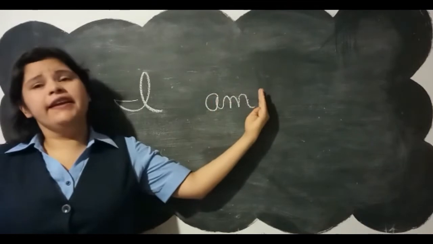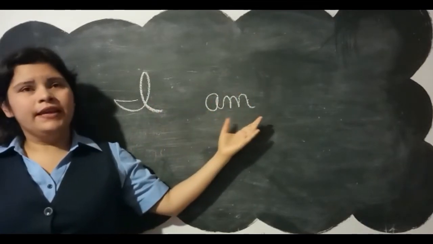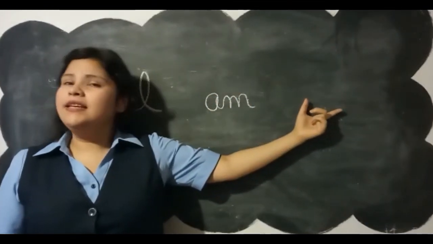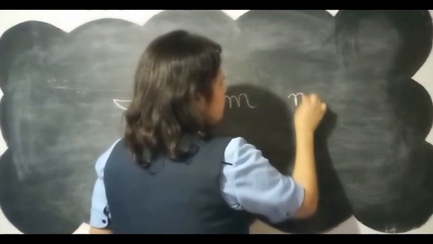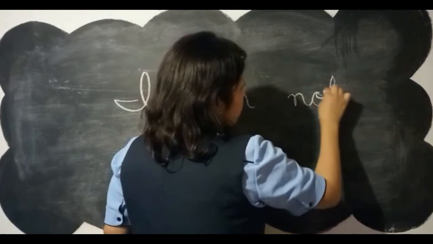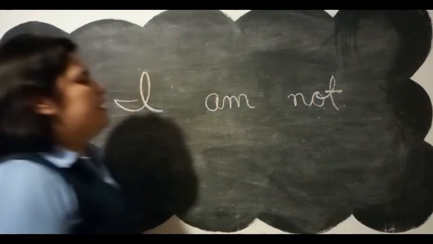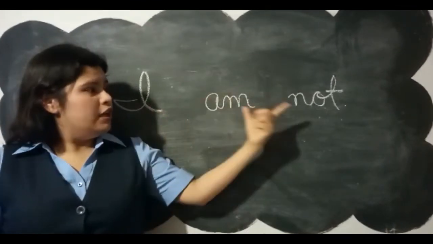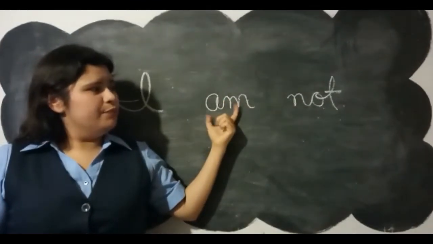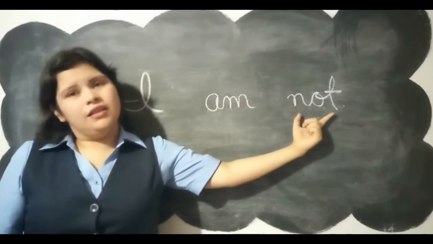So until here I have I am. The third element is going to be not. This time we will not join the verb to be with the word not.